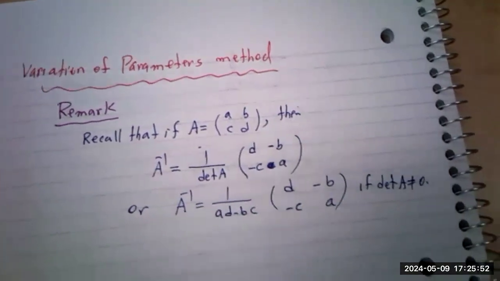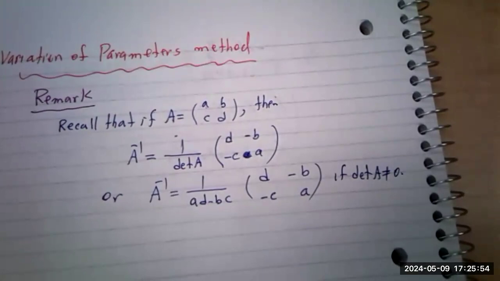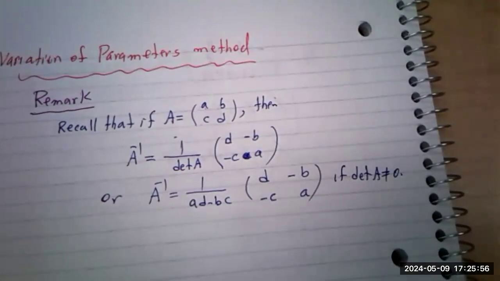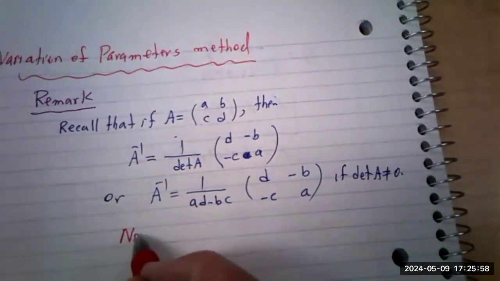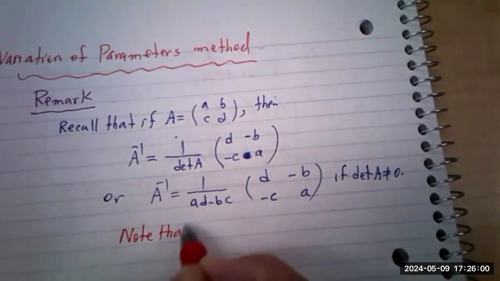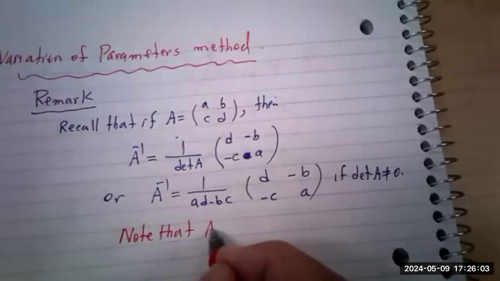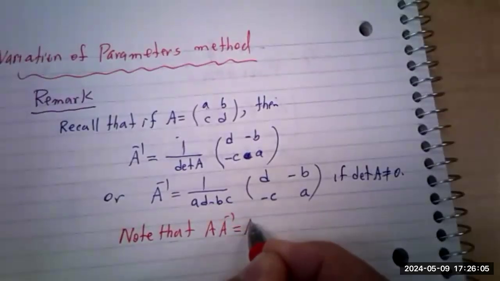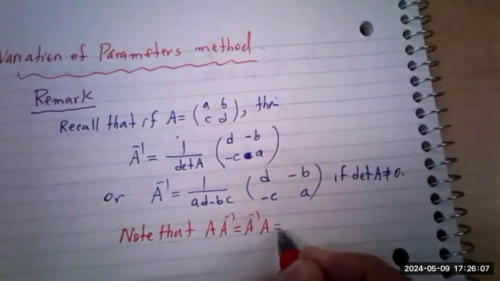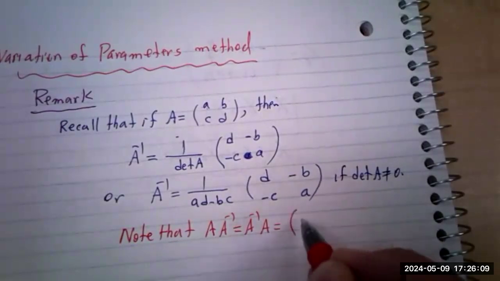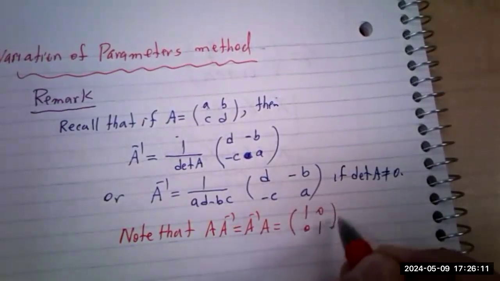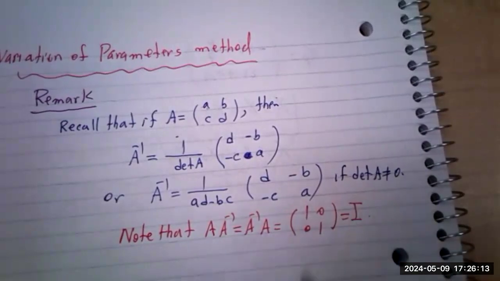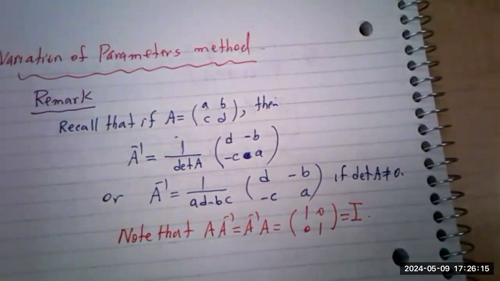Because if the determinant of A is 0, you cannot use this formula, and A is not invertible. We call it inverse because A times A inverse equals A inverse times A, which is equal to the identity matrix, 1, 0, 0, 1, which is I. We need only this from linear algebra.